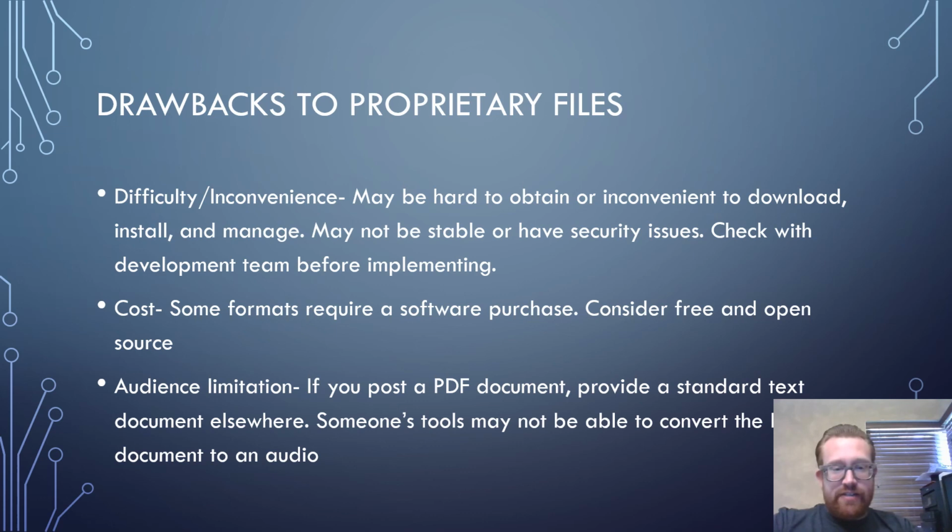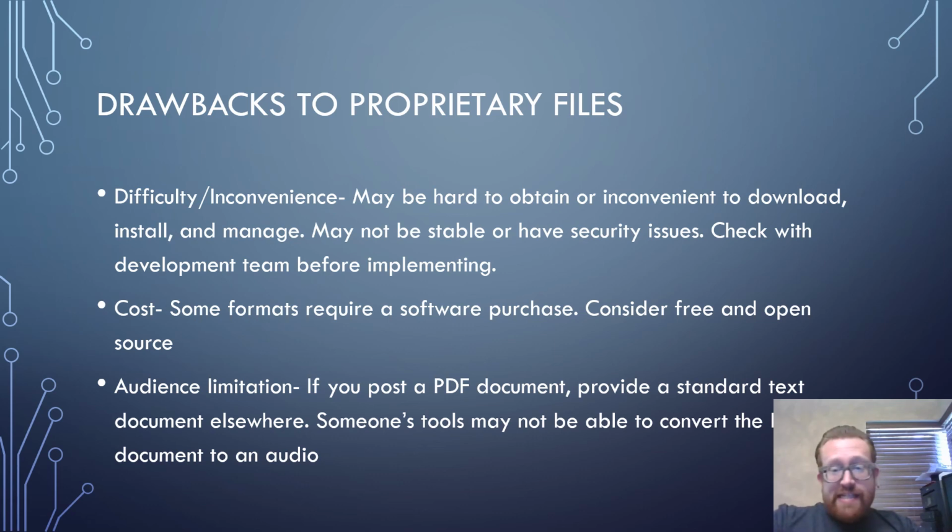The next is the audience limitation. Again, as I told you, recurring theme. For example, if you post a PDF document, you should probably provide a standard text document elsewhere so that users can convert it to audio.